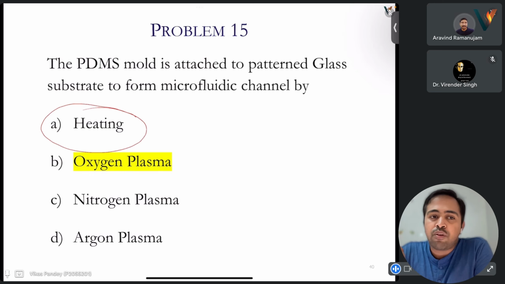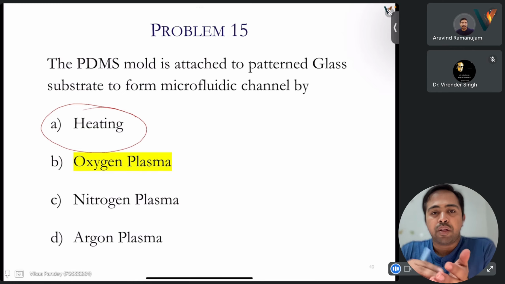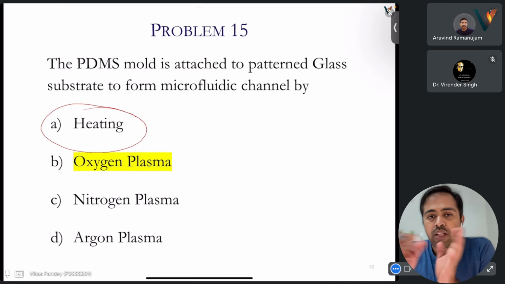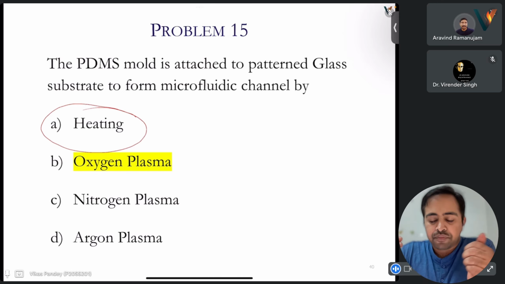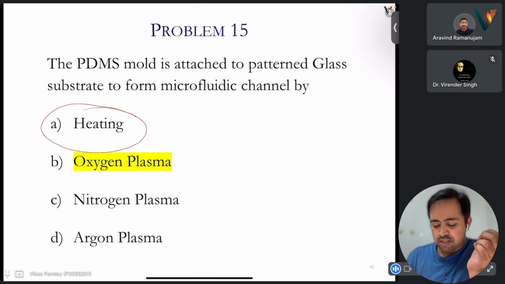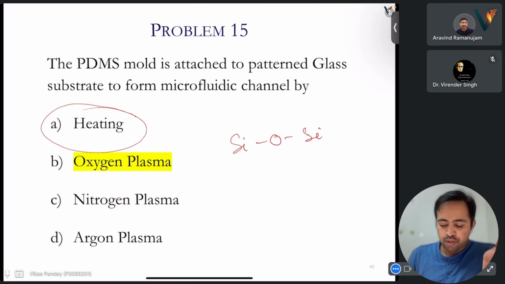So to avoid that, we are going for plasma and specifically oxygen plasma, because here the bonding happens by making the PDMS hydrophilic, not hydrophobic, sorry. OH groups form at the surface of the PDMS and they bond by making the silicon oxide silicon bond. Very similar to the anodic bonding we saw earlier.